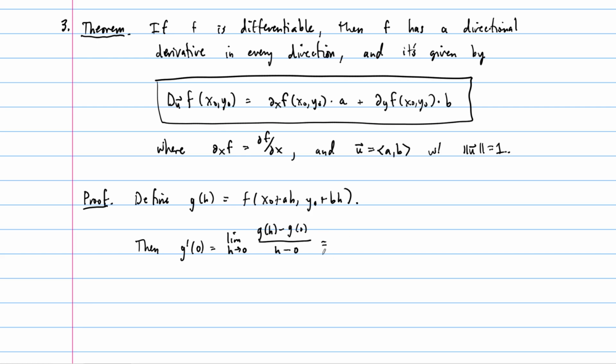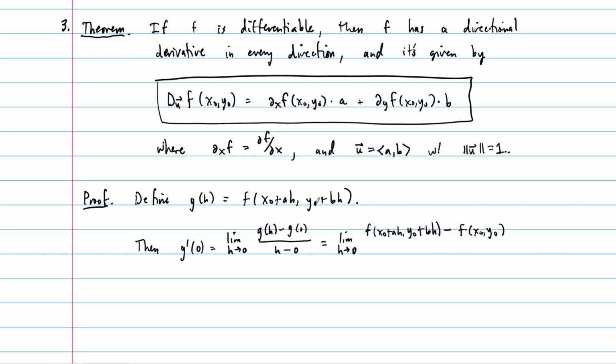And then we write out exactly what this means, right? So this is the limit as h approaches 0 of g of h is this function, right? So f of x naught plus ah, y naught plus bh minus g of 0. Well, when h is 0, g of 0 is just the value f at x naught comma y naught, right?